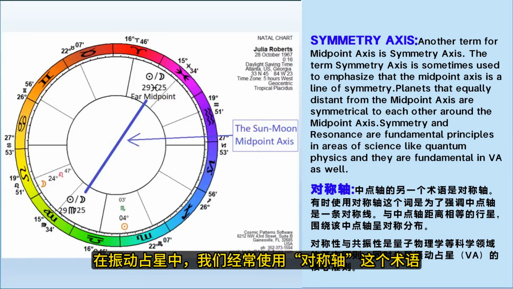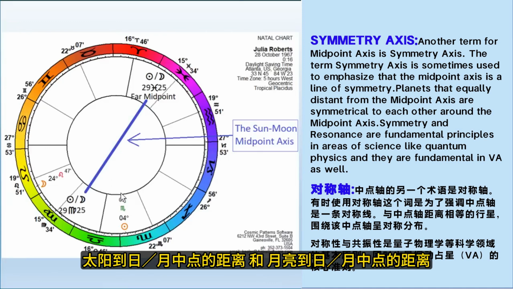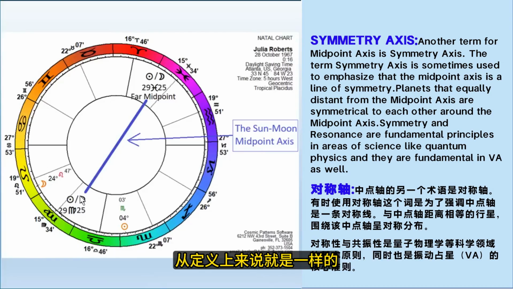Okay, and in vibrational astrology, we often use the term symmetry axis because symmetry means that the angular distance is equal. The distance of the sun to the sun-moon midpoint is the same as the distance of the moon to the sun-moon midpoint. By definition, that's what the midpoint axis is.